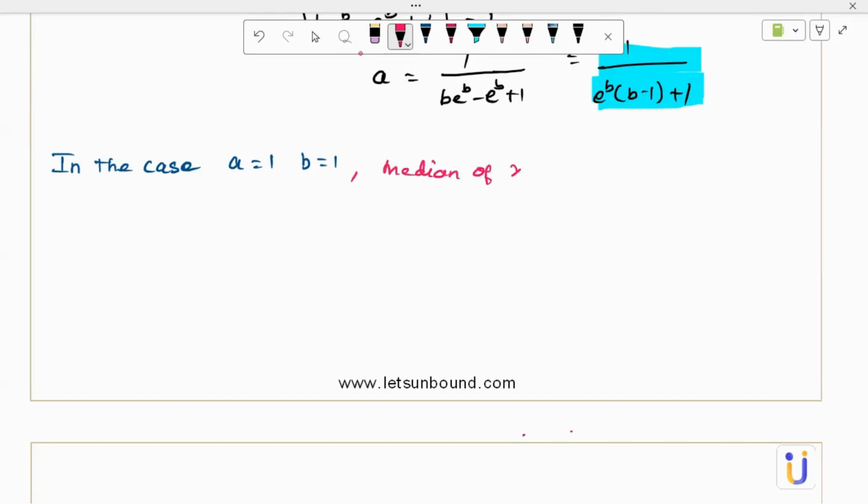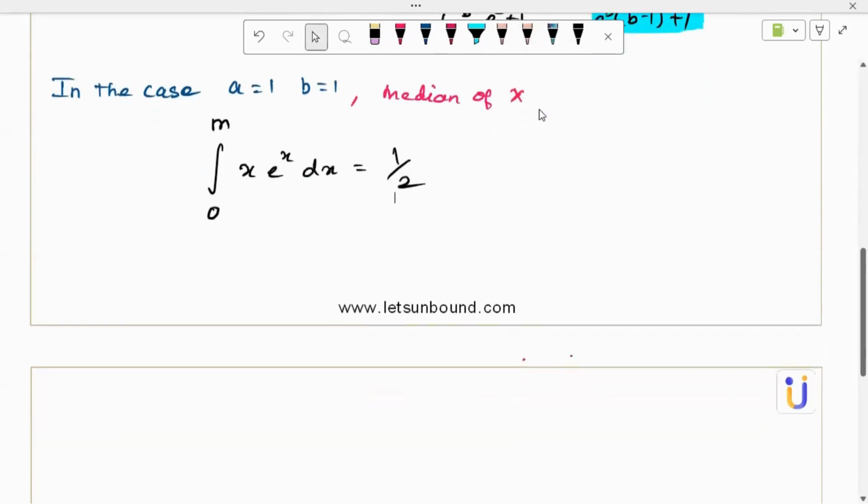So the median of x we can also find from the integration. So integral 0 to m, m is your median value, okay? 0 to m, the middle point, x e power x, your function, dx equal to half, because the median is the middle half, not 1, right?